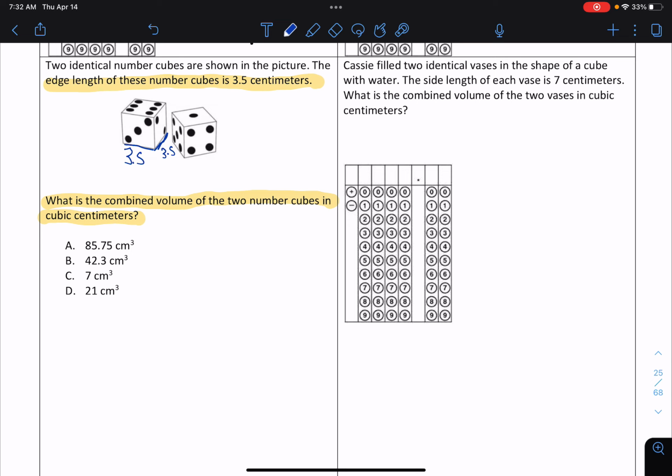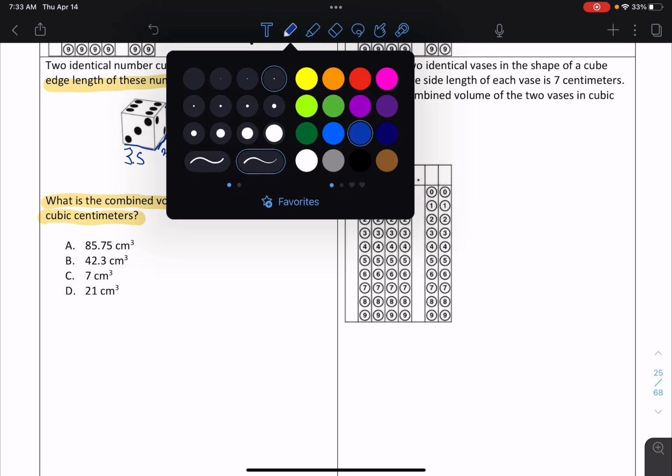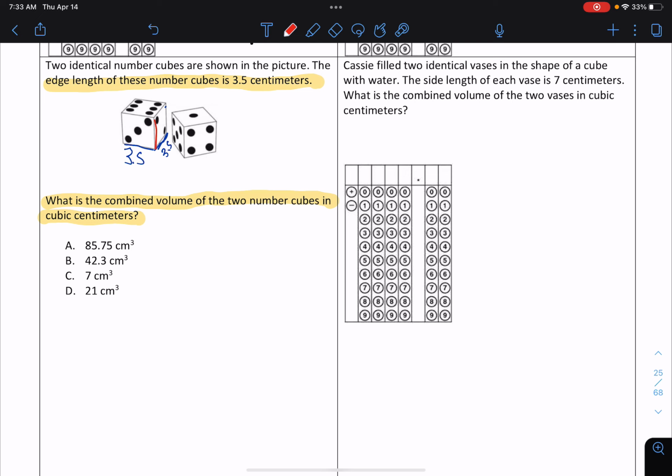Okay, because it is a cube, so that means all sides are 3.5. So if those two sides are 3.5, how much is this side going to be? Yeah, so if you said 3.5, you're right. That side will also be 3.5.